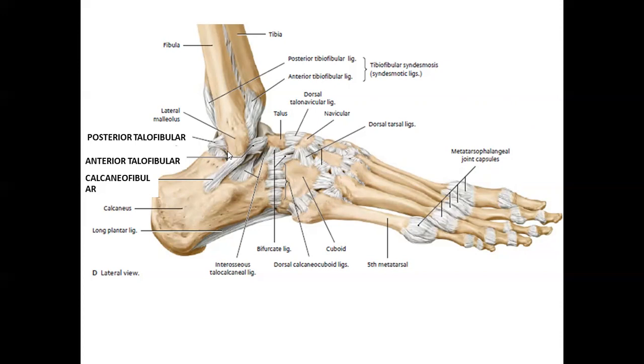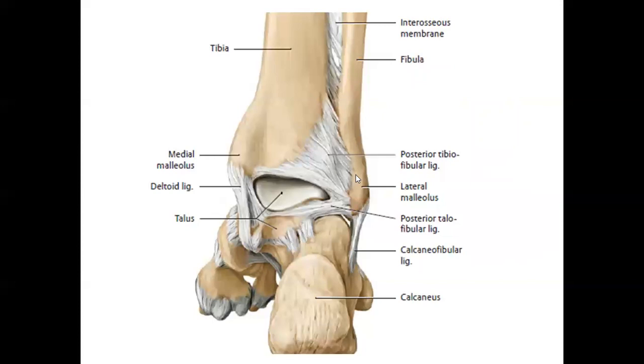Basically, remember that it goes from the lateral malleolus to the calcaneum. Okay? So these are the parts of our lateral collateral ligament. Here you can see a posterior view showing the deltoid ligament. This is the lateral malleolus, the posterior talofibular ligament, and the calcaneofibular ligament.